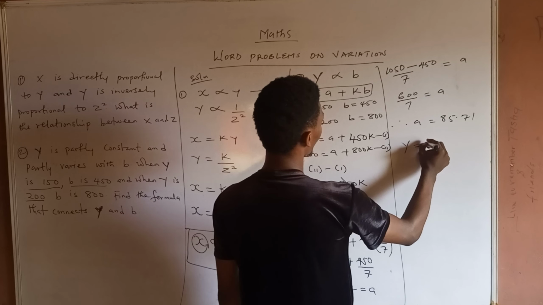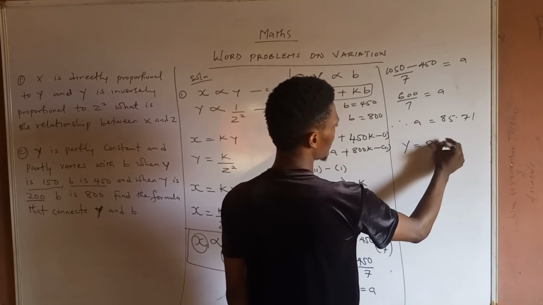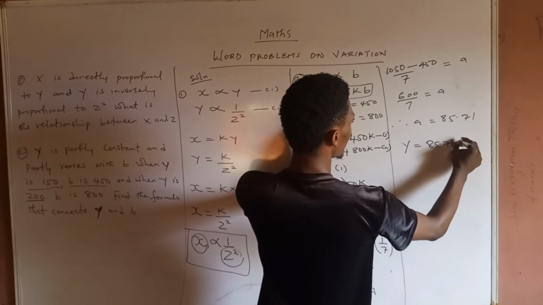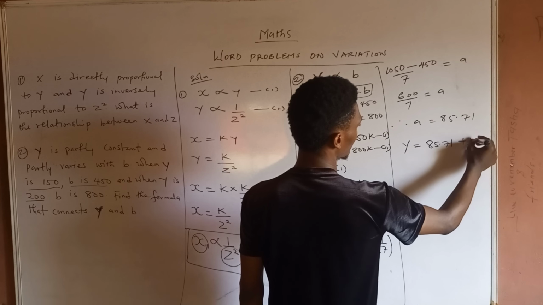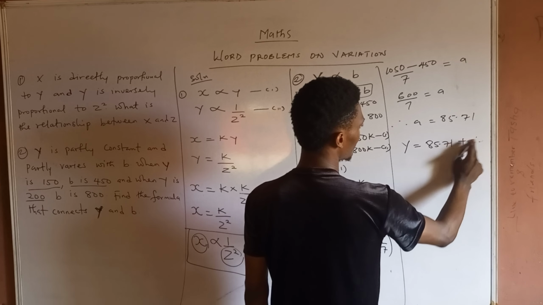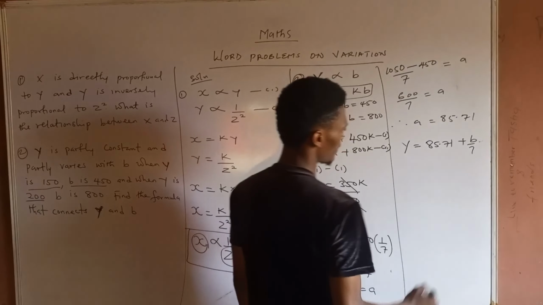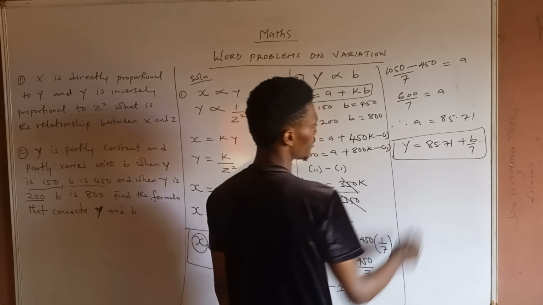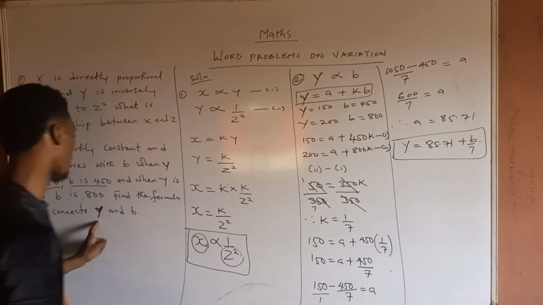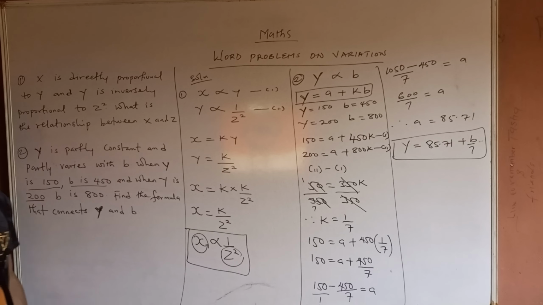Our a value is 85.71, then plus, then our k value is 1 over 7, then b, or you can just simply write this as b over 7, because 1 times b is still b. So this is the formula that shows the relationship between our y and b. Alright, so that's the answer.